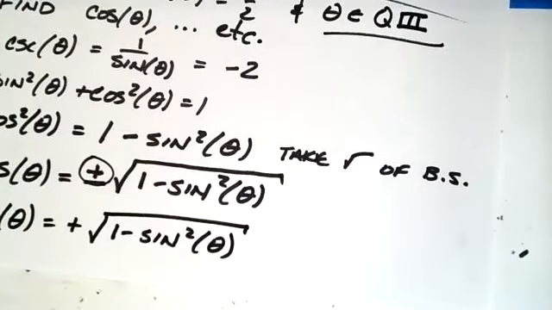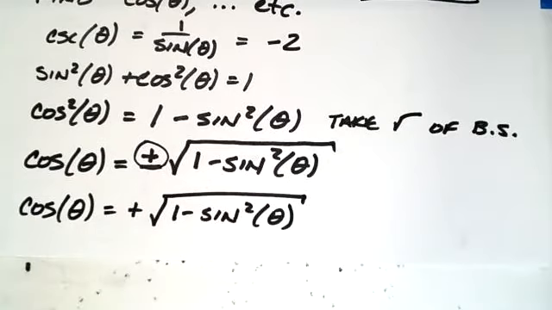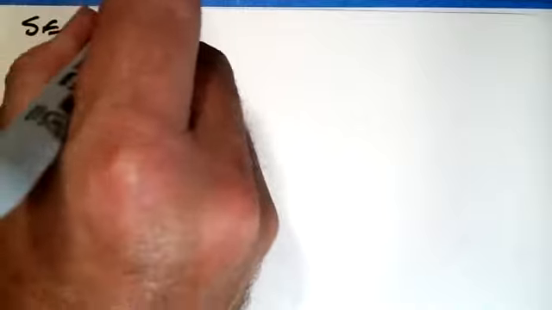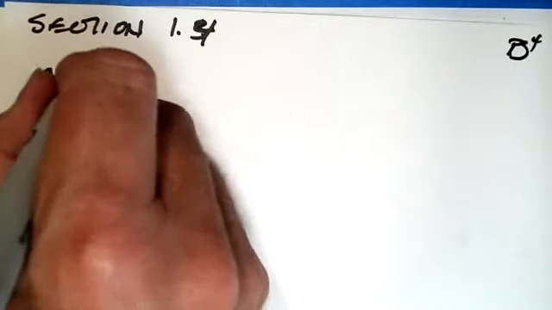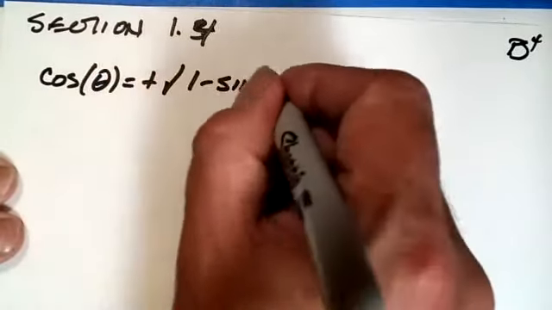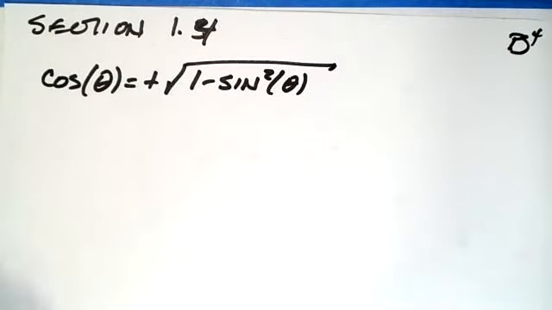Okay, so once we have this equation, we can substitute in the value for sine and find cosine. And I'll do that here on the next page. At 1.4, page number 4. Okay, so just to repeat it here, cosine of theta is equal to the positive square root of 1 minus sine squared of theta. Now, remember, sine of theta is -1/2.